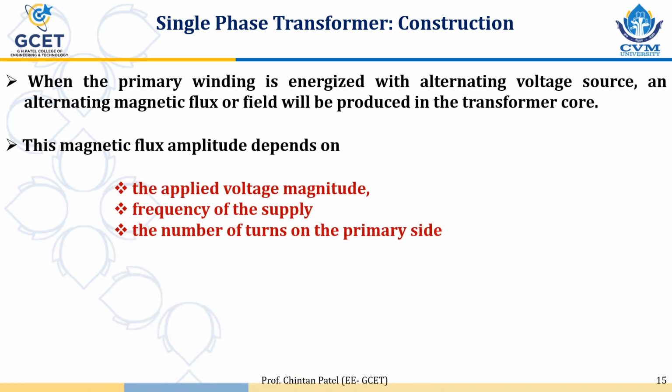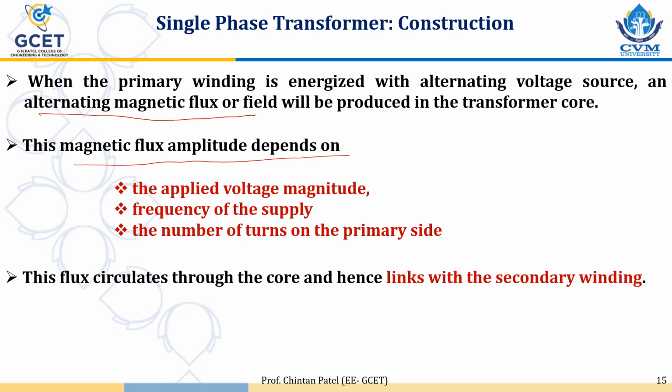When the primary winding is energized with alternating voltage source, that means when alternating current flows through the primary winding, an alternating magnetic flux is produced in the transformer. The magnetic flux depends on the applied voltage magnitude, frequency of the supply, and the number of turns on primary side.